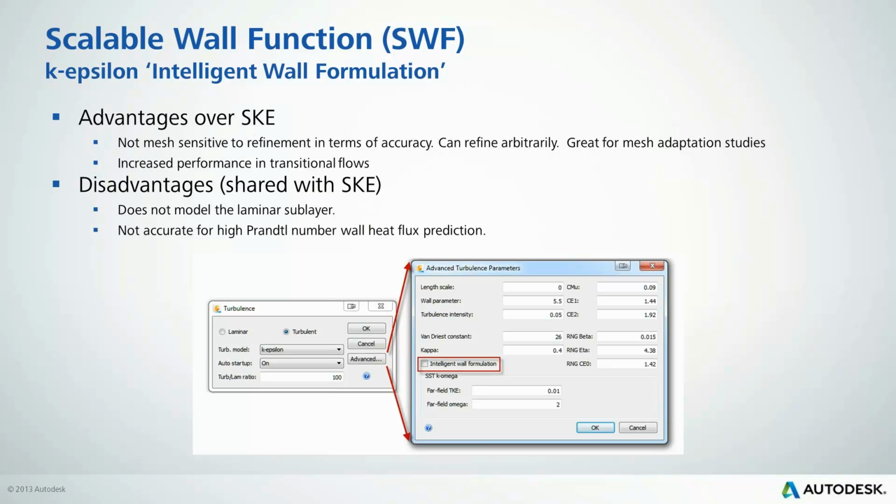So really, as you start refining your mesh, what happens is your Y plus starts dropping below that 35 value. Maybe it starts dropping below 10 or 5, and this is where you really start potentially impacting your accuracy of your solution, assuming that your pressure drop is really based on the skin drag along the wall.